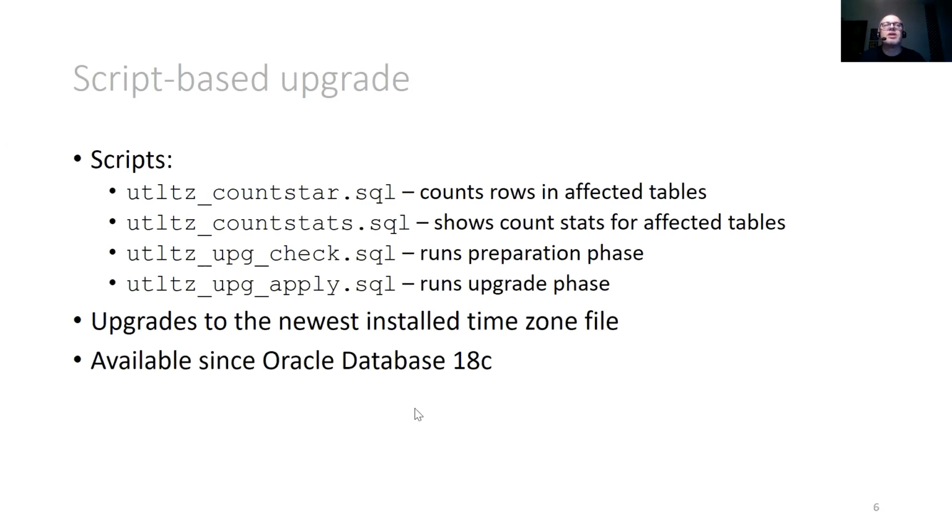So these scripts will always upgrade to the newest time zone file that is in your Oracle home. Oracle files are just numbered consecutively from the first version that was released when DST rules were added, in Oracle 9, I guess, and then we just number them consecutively.